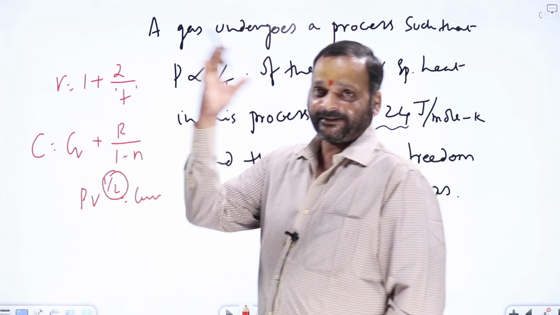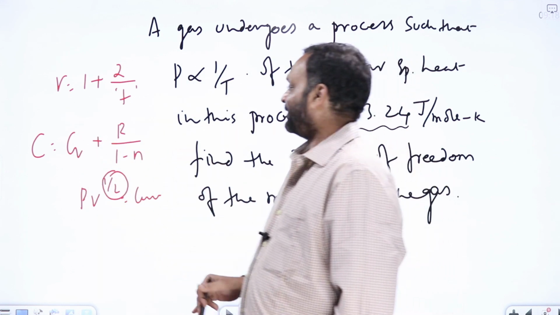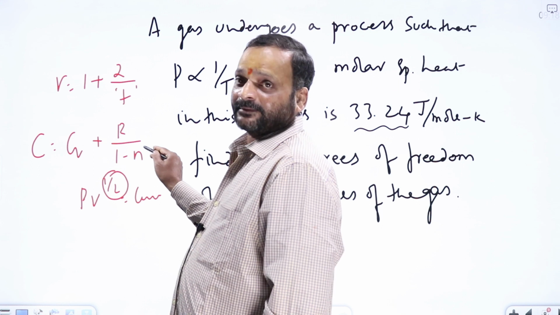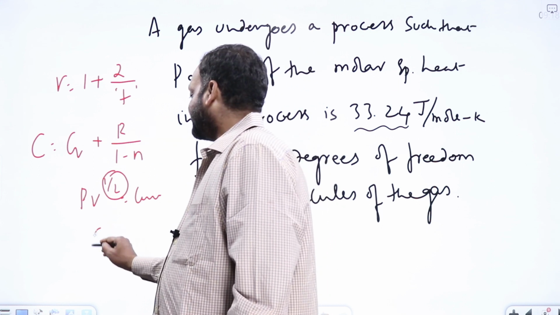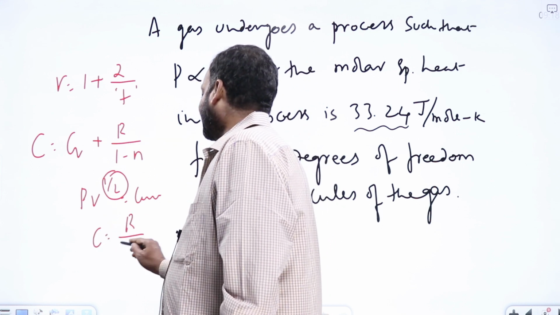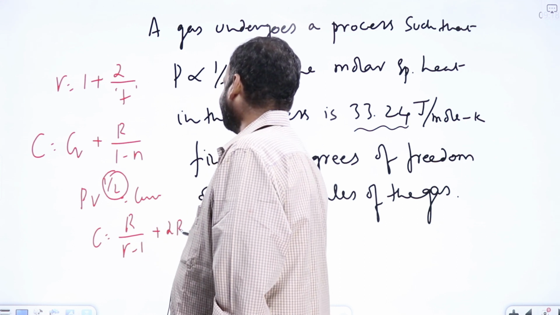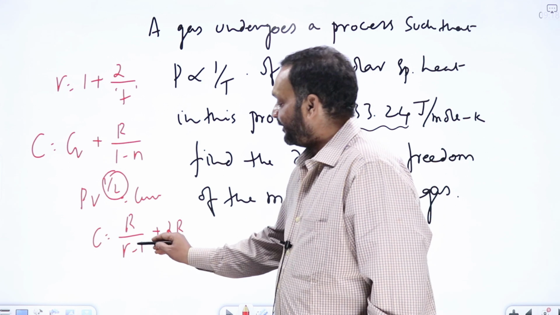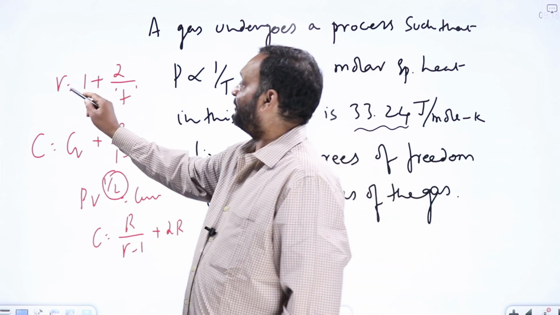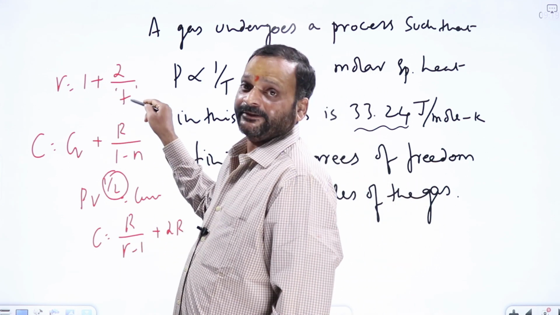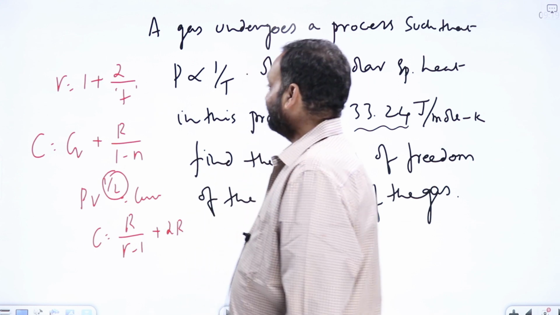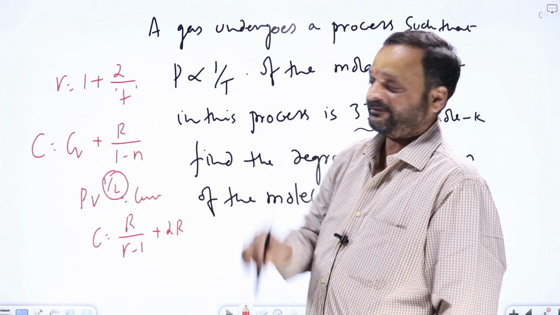So 1 minus half is nothing but half, it goes up and becomes 2R. C equals R by (gamma minus 1) plus 2R. Now we have to find the gamma value. Once I get gamma, using gamma equal to 1 plus 2 by F, I'll get the number of degrees of freedom. Nothing but an extension of the previous problem.